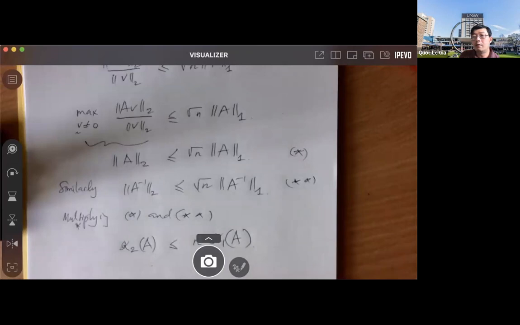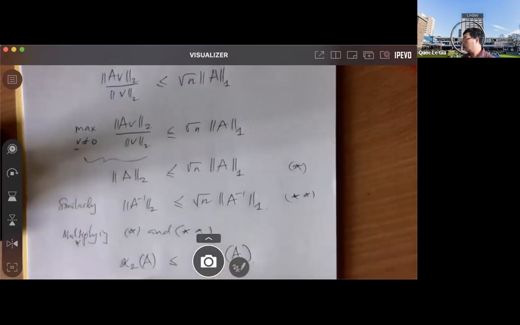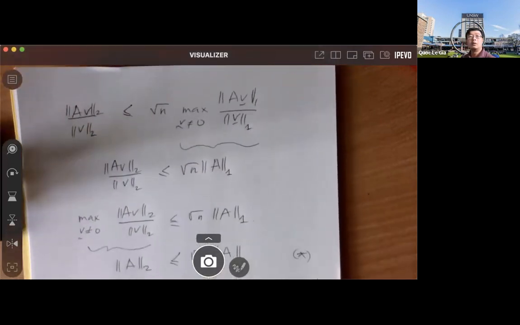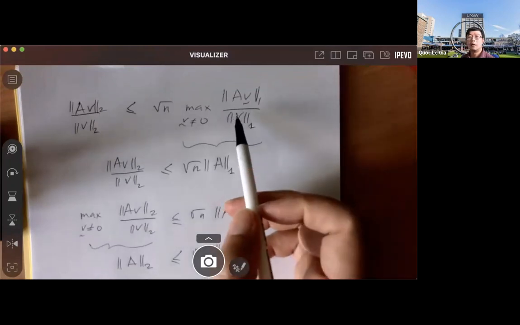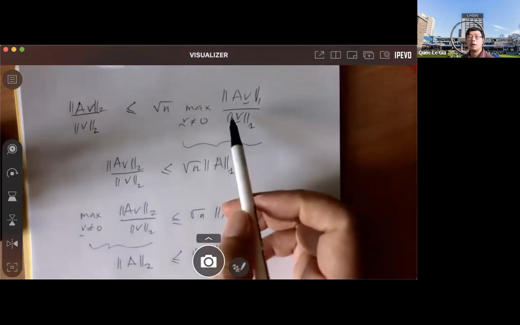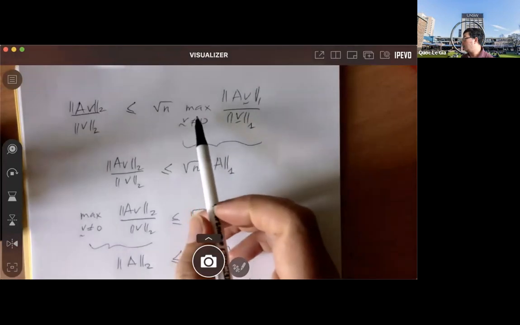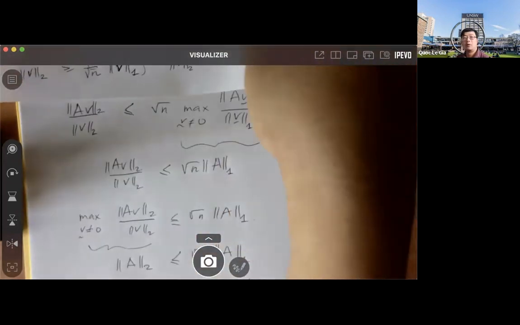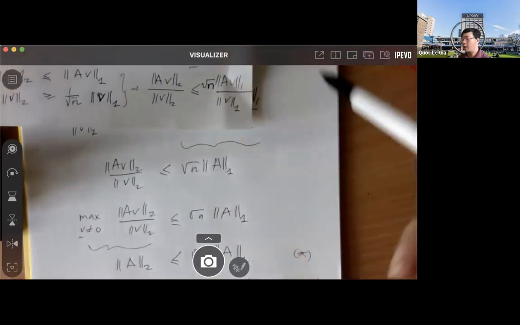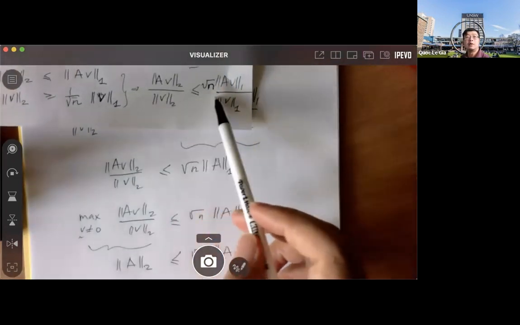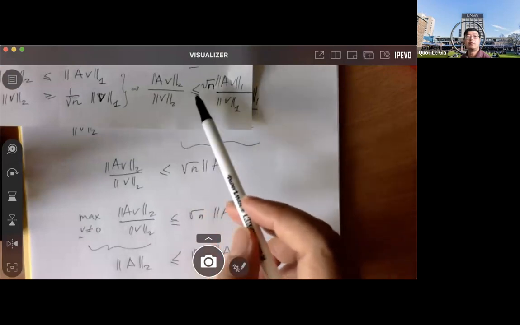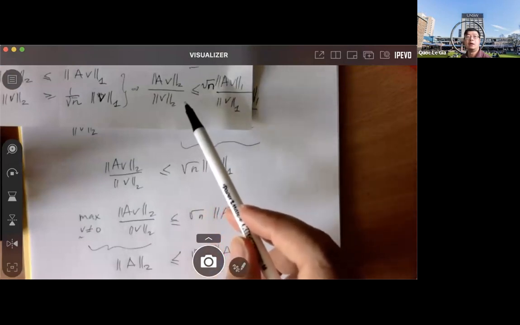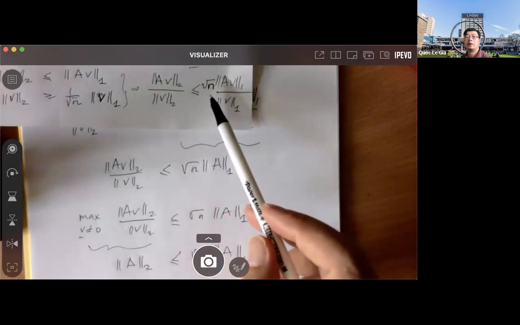Can you please go over the lines where you change to max? You mean this line? Okay. Initially you have this ratio, and this is true for any vector v. Agree?